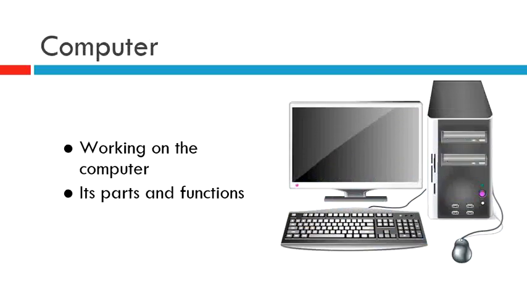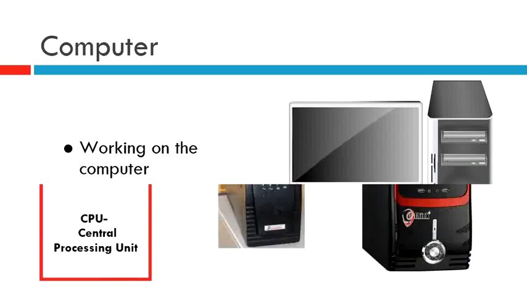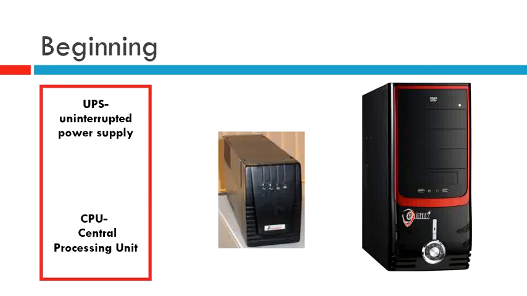When it comes to practical, you have to be better acquainted with the computer, how it works, its different parts, and their functions. This class will be about that. We start right at the beginning with switching on the computer.